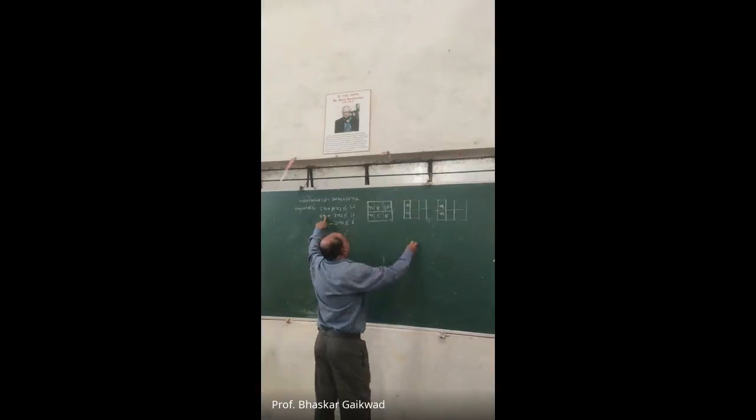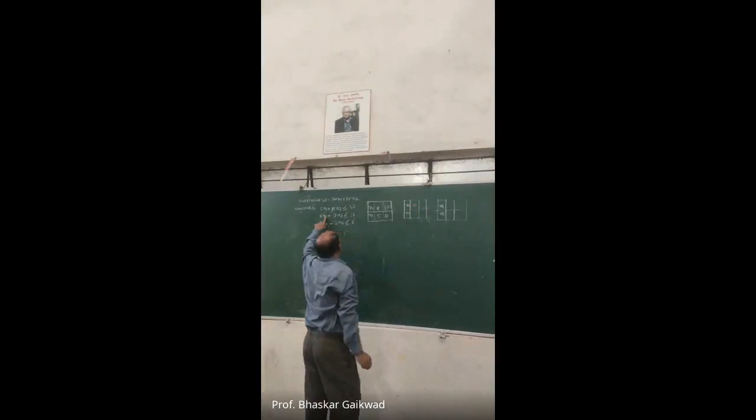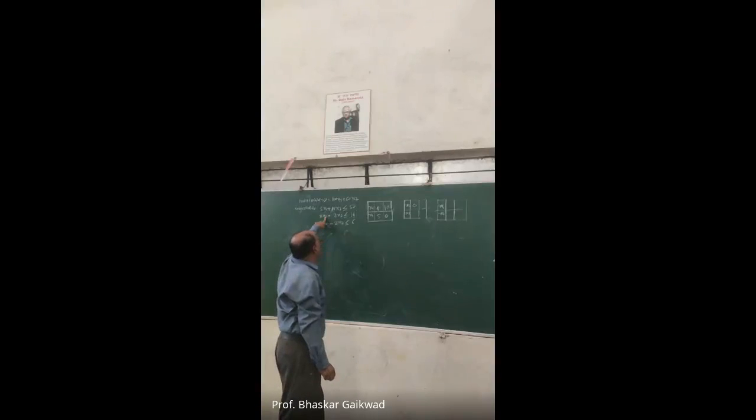Come to the next table. When x1 is 0, what is x2? It is 8.